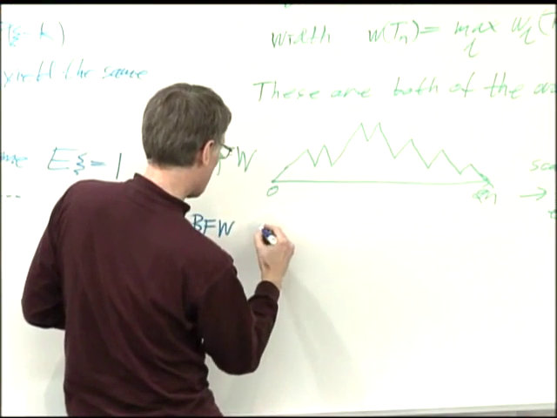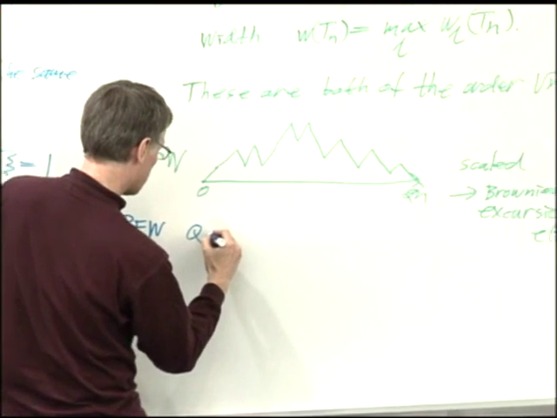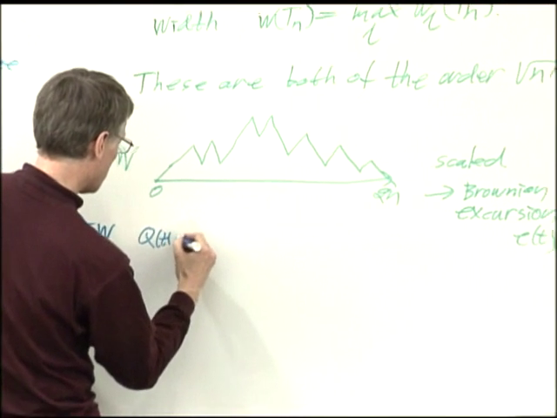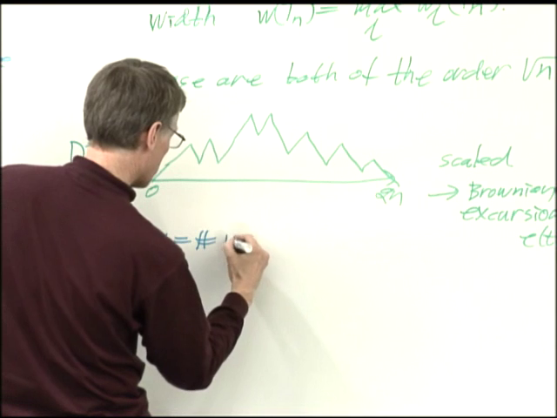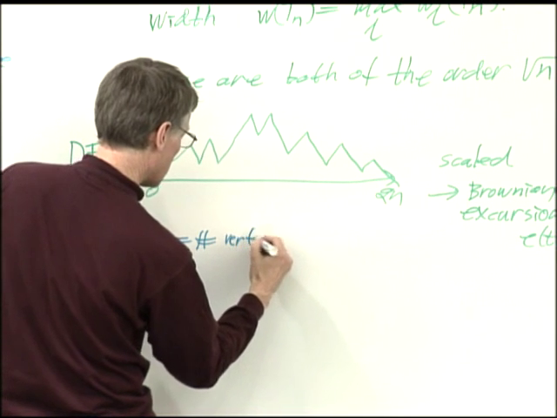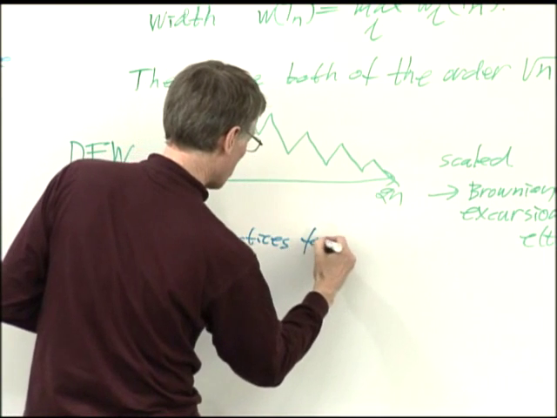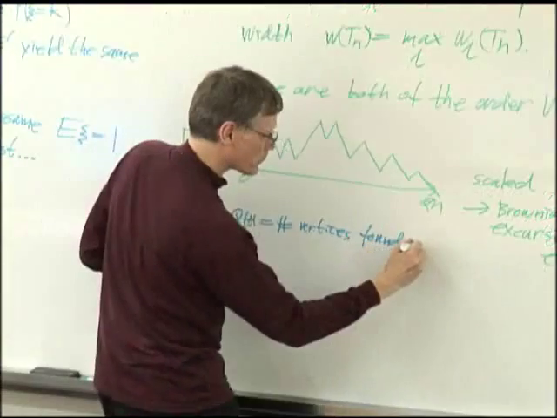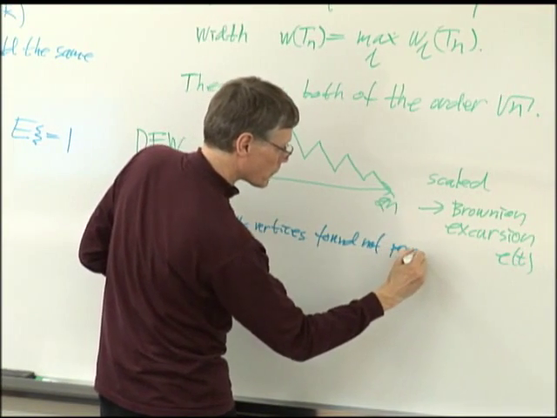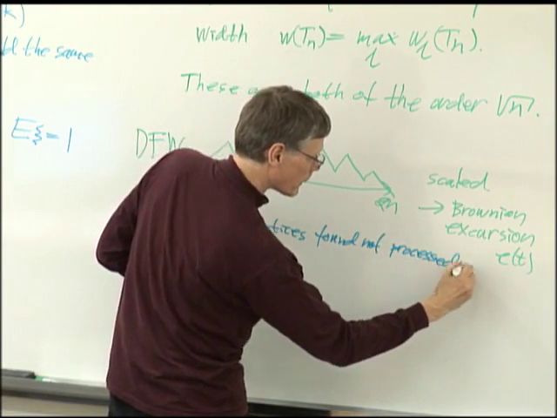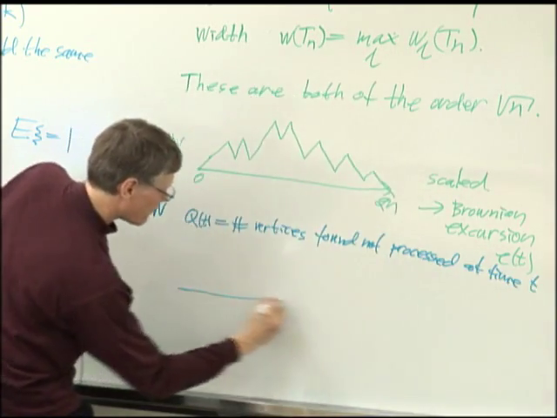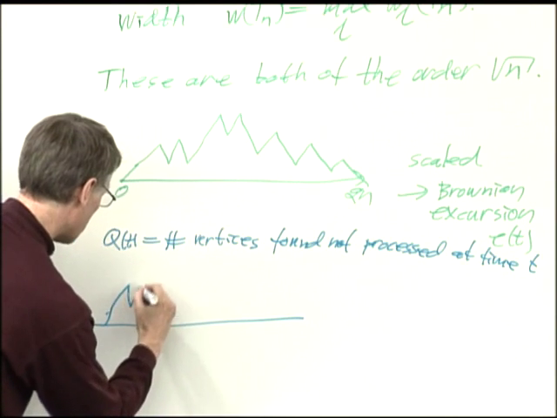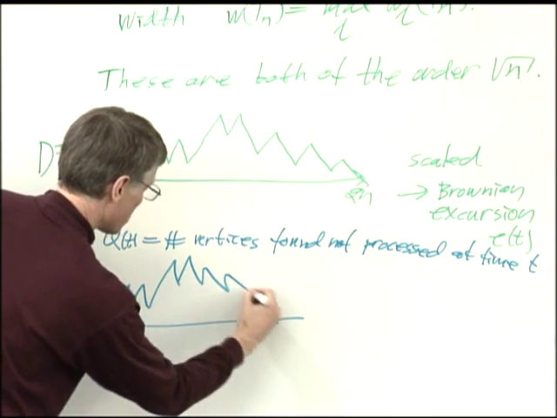Let's say q at time t is the number of vertices found and not processed at time t. And if we make a picture of that, it will look something similar.